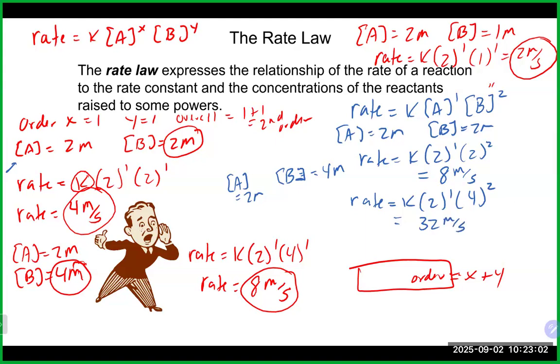Now in this reaction, when I double the concentration of B, how much did my rate go up by? A factor of 4, right? 32 divided by 8 gives you 4.